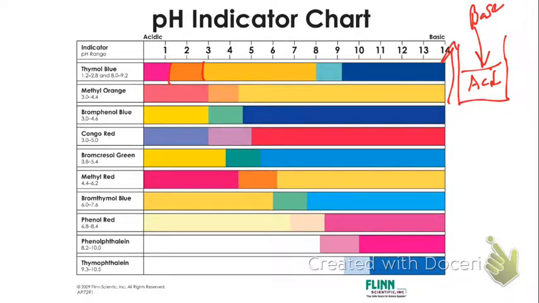By the time it gets to a pH of 8, by adding enough base, it should really become kind of a light blue color. So hopefully you get the idea about how these indicators work as we add the base to the acid and increase the pH there. All right, so that's it as far as indicators right now. In class, we'll play around with some indicators and get more familiar with them and their uses.